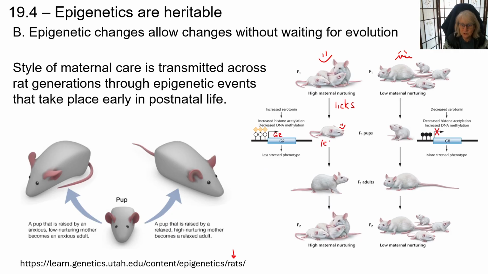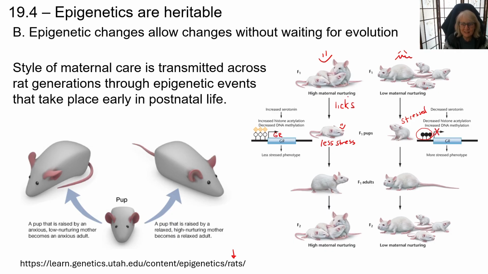This is a less stressed rat. Alternatively, this mom, because she does not have time to lick her babies because it's dangerous, these guys stay methylated. They decrease their amounts of histone acetylation, and these guys are more stressed. And so you're like, hey, this is just genetics, right?